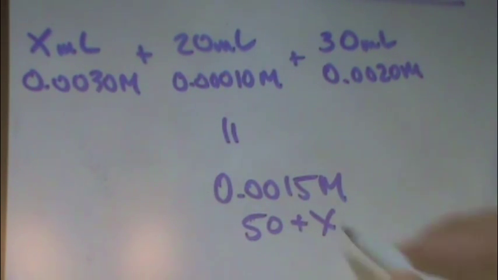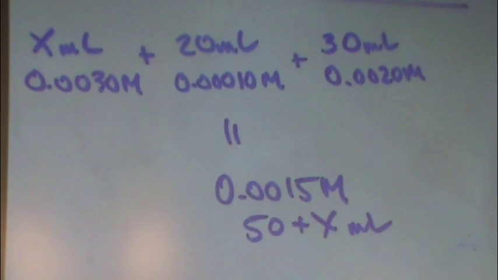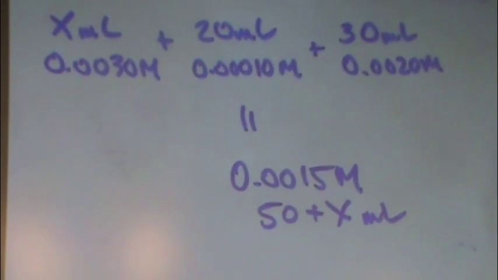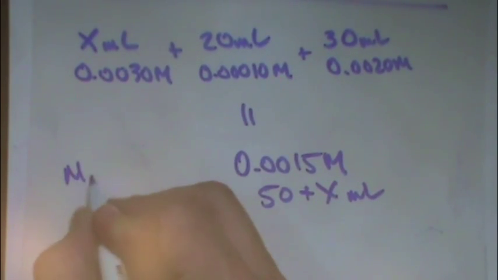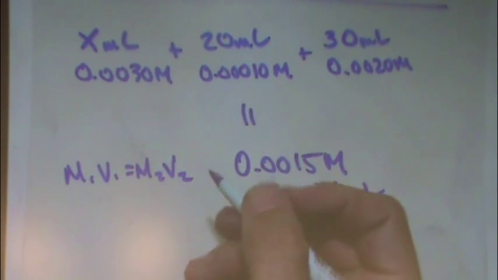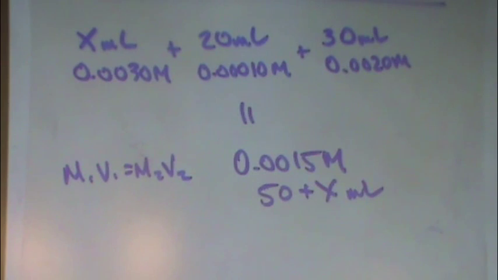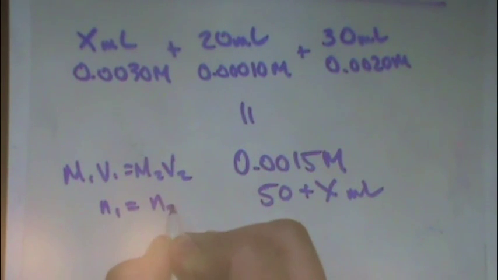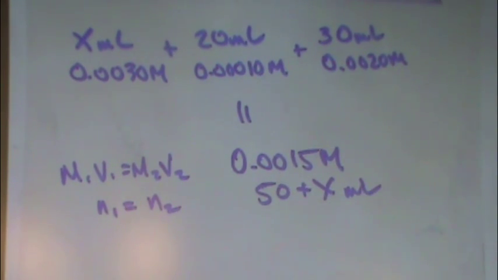Milliliters. All right. Now, usually when you're mixing things together, you might think the dilution formula. Okay? But it doesn't work when there's so many things going on. So you need to go back to the major concept, which is moles initial is moles final. That one will work here.